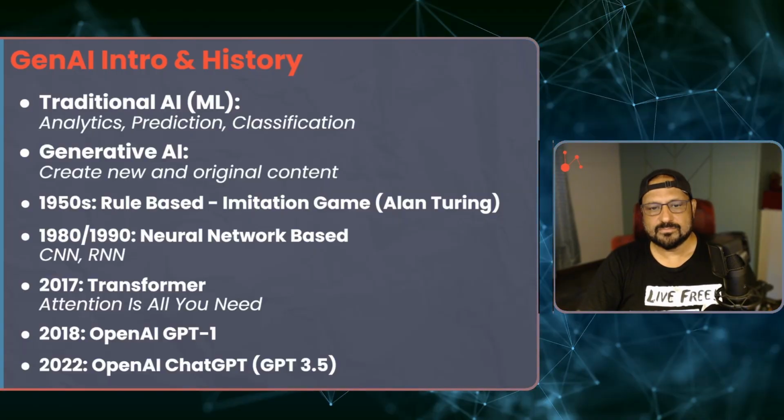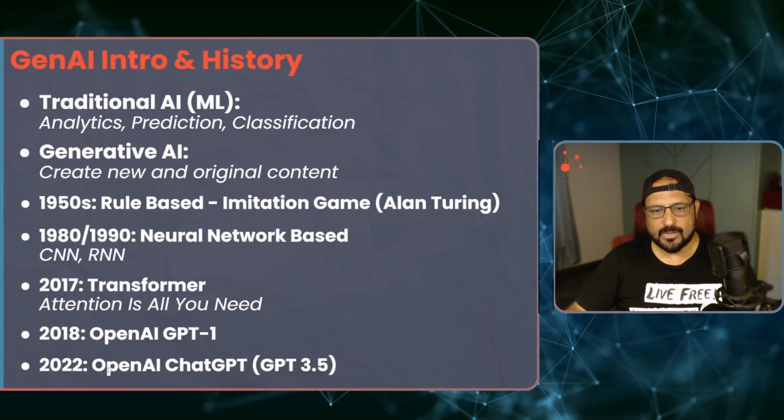And then in 2022, I think in October, everything changed when OpenAI released ChatGPT. Till 2018, everything was happening behind the scenes. People in the field or in academia were aware and experimenting, but the general public was not aware of what was happening or how to use it.